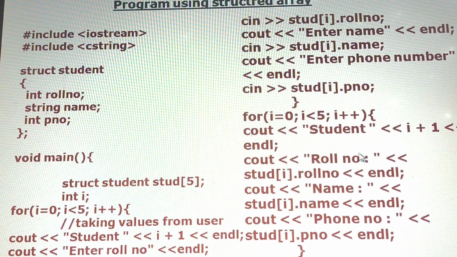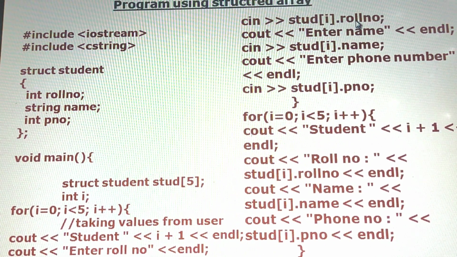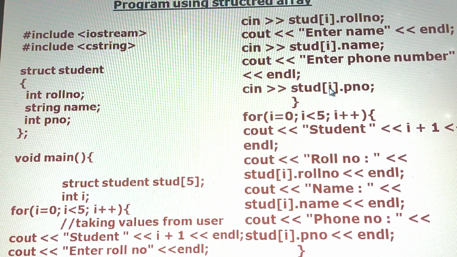Then user should enter the value for student i dot roll number. Student 0 dot roll number is the roll number of the first student, which the user should enter. Then the name of the first student. Then the phone number of the first student the user should enter.